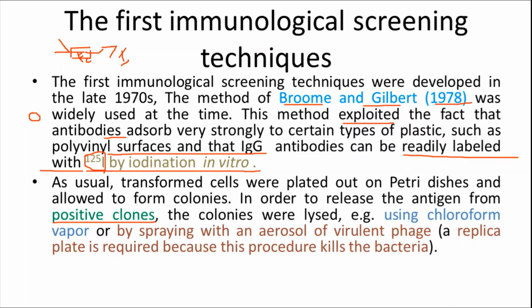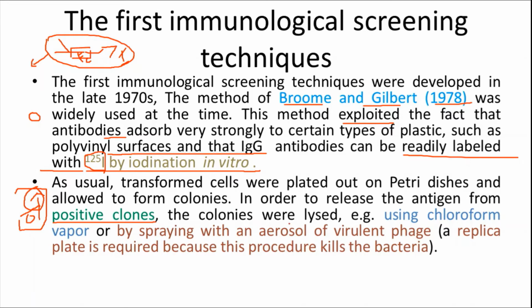This is called a labeled antibody, which we need for the selection. If the antigen is present, we add the corresponding antibody to the clones. Whether the antigen-antibody complex has formed, we identify by the intensity of radiation, so we can identify the positive clones.